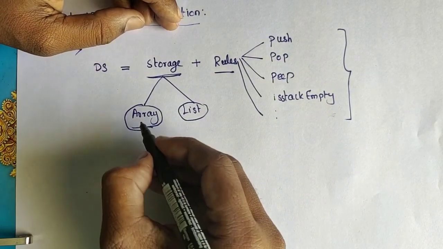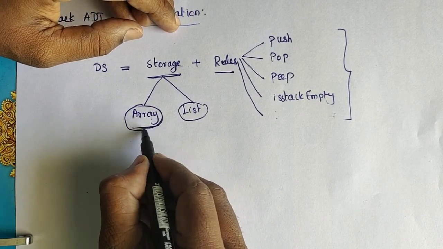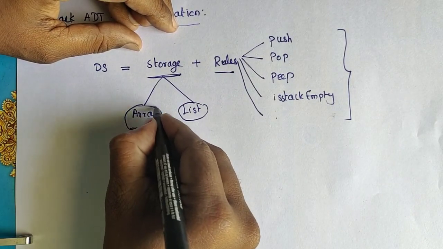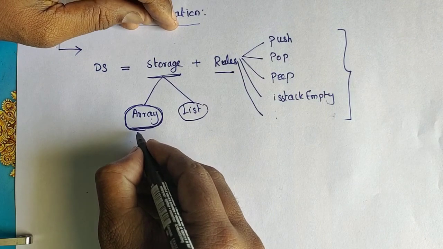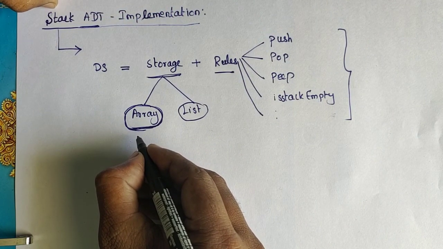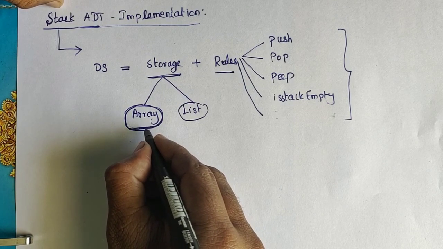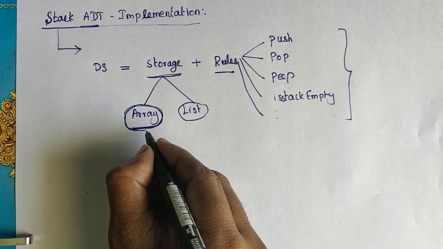So if you are choosing that array as a storage, we need an array of elements to store the data. Apart from that array, what other type of storage is required for implementing the stack? Here if you are choosing an array, the size is a fixed one, so we need to fix the size.